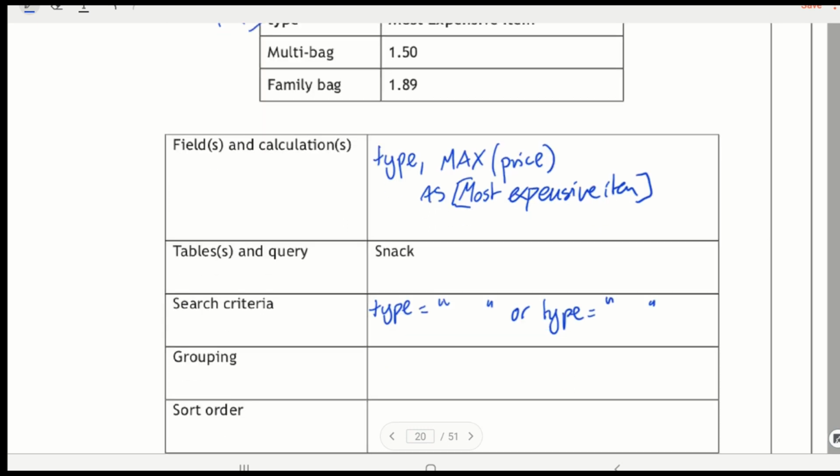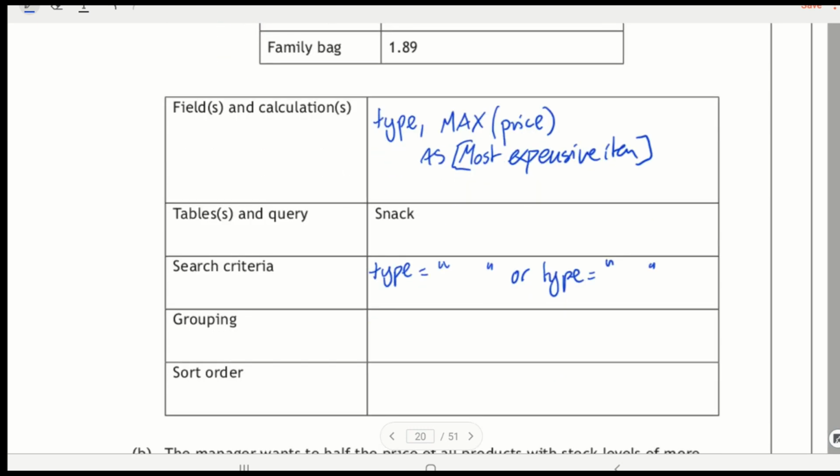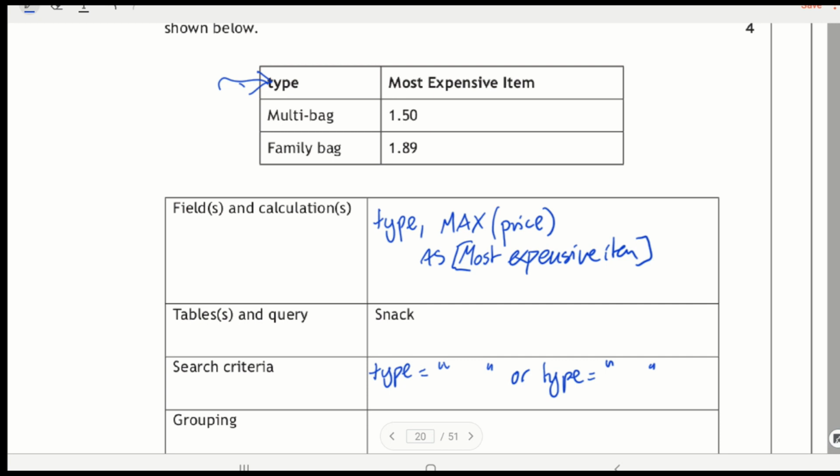So I could also have done that with a wildcard, and either approach would work. So you could have said in there type like bag, and that would work as well.